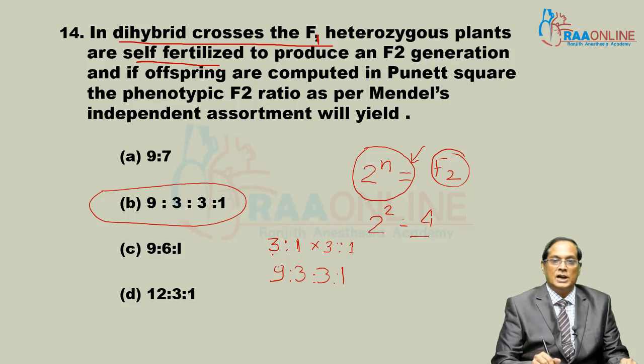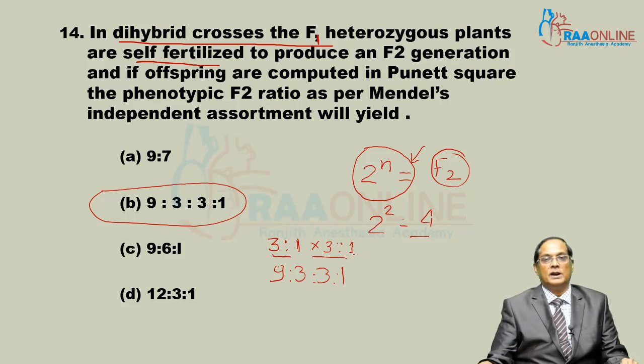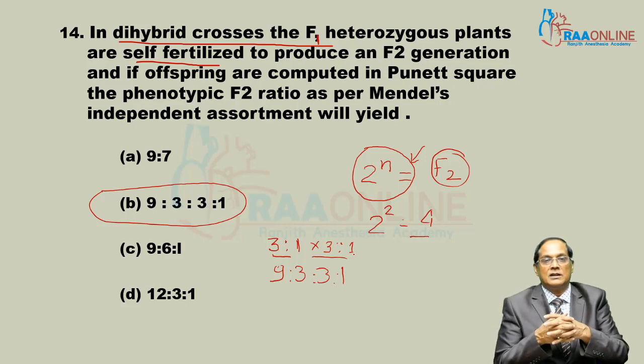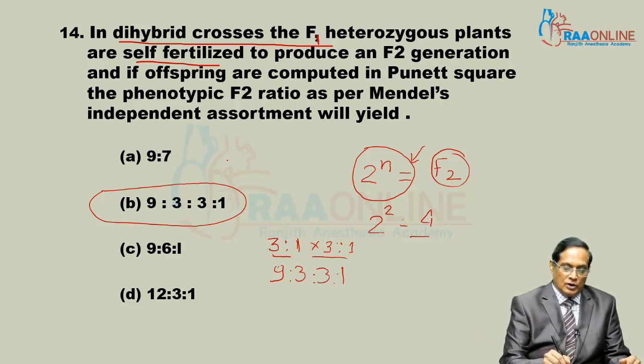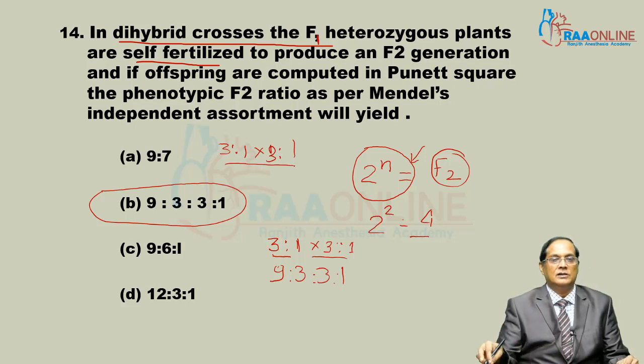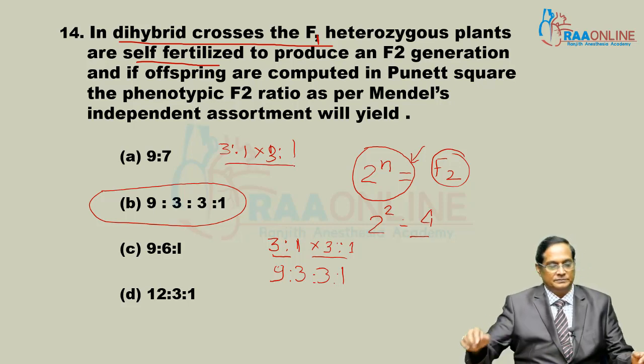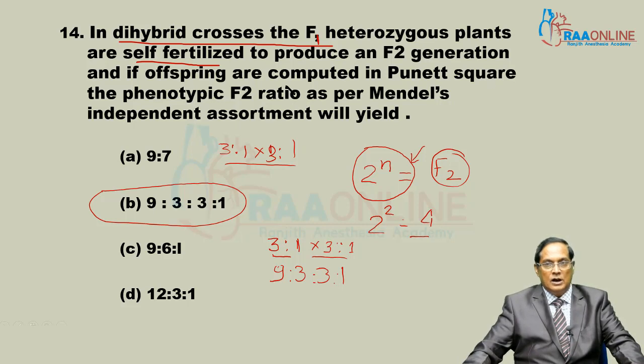If you multiply the ratios of two monohybrid crosses, you will get it easily without making a checkerboard. If the plant is dihybrid, then better multiply two monohybrid ratios. You will get the answer very briefly, without a Punnett square.